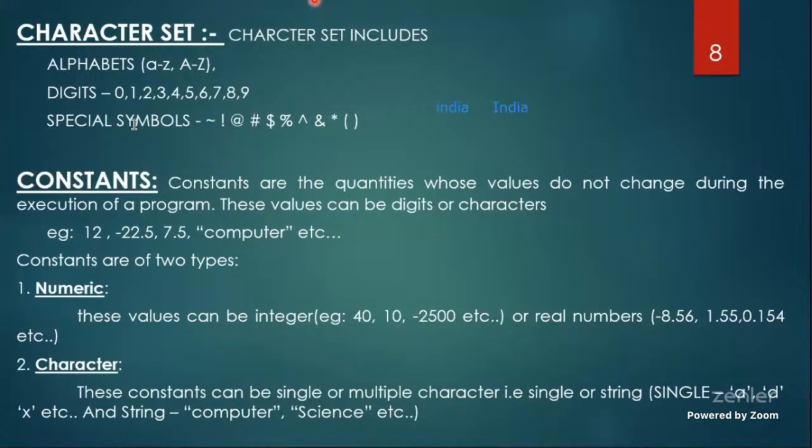For example, why do we use this star? Suppose you want to multiply two numbers, then we use this star. We are not using 'into' here. In the same way, to add, plus is an operator. All this comes under the special symbols. These are the three types under the character set.